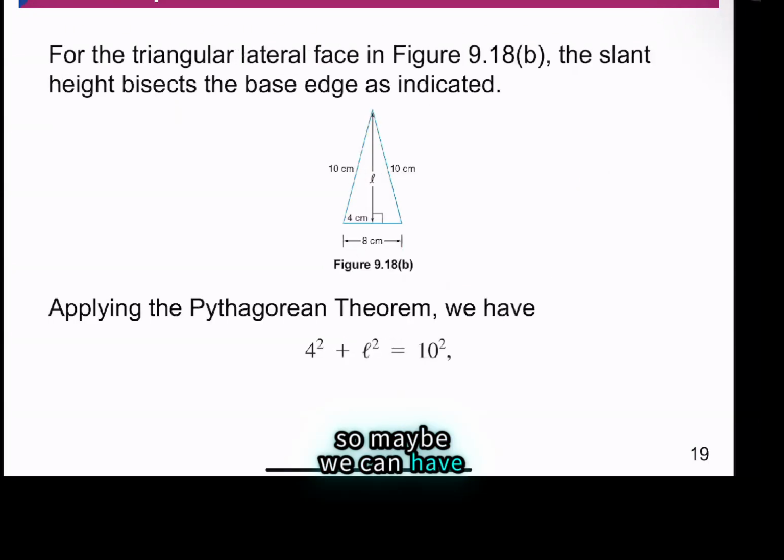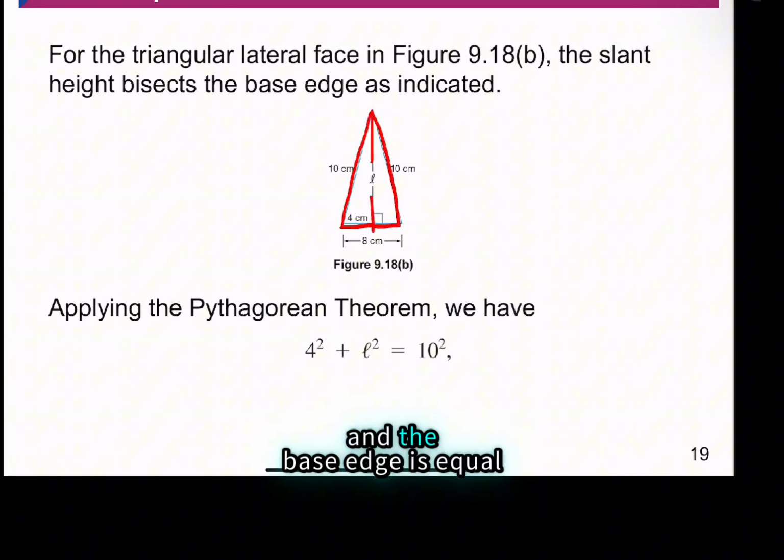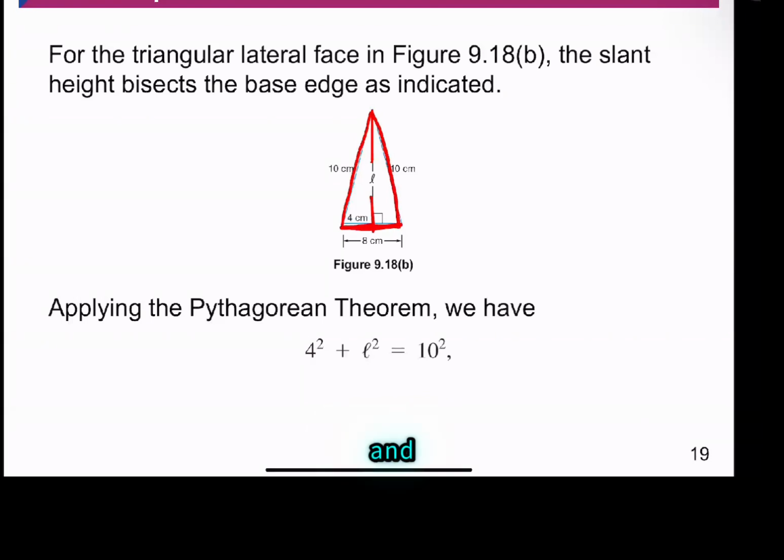So maybe we can form a triangle with slant height L, the base edge S equal to 8, and the slant edge 10. So forming a right triangle, we can take half of 8, which is 4, slant height L, and the hypotenuse is 10.